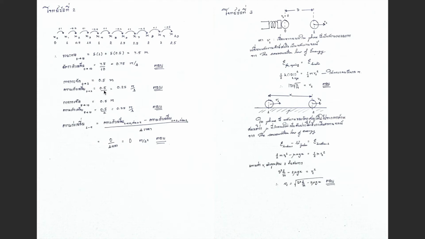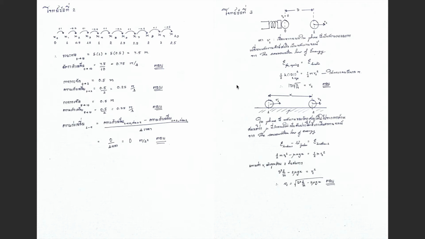And the average is just divided by 2 because delta t is 2 minus 0. So we obtain 0.25 meters per second, the same as 8 to 10. 2.5 minus 2 is 0.5 over 2, 0.25.